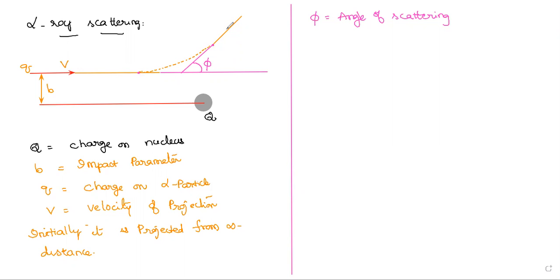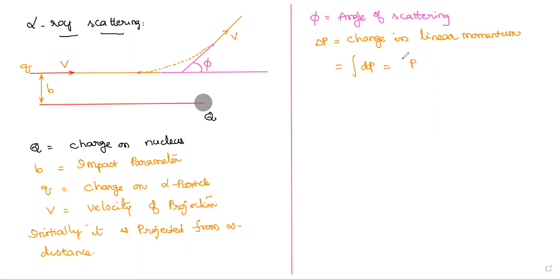What will be the final change in linear momentum? In this region, the velocity is changing in magnitude and direction. That's why, if you want to find the change in linear momentum, delta P, you have to take the integration of dp.